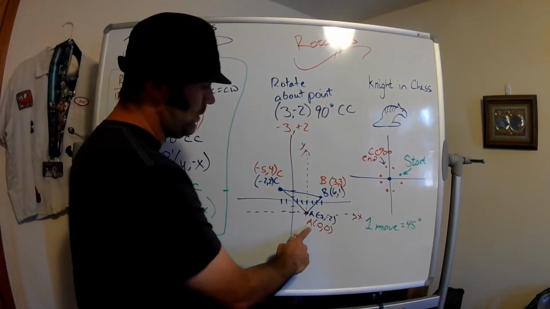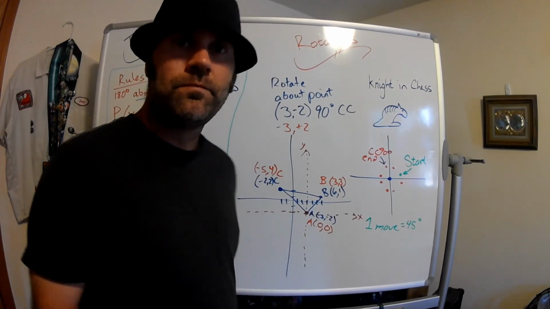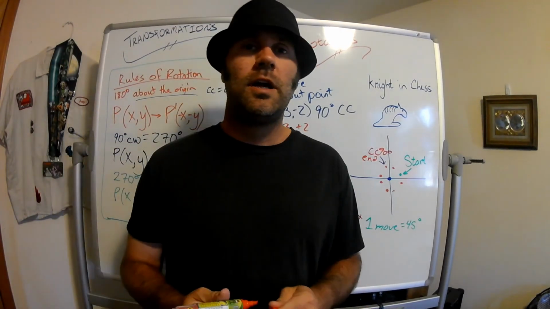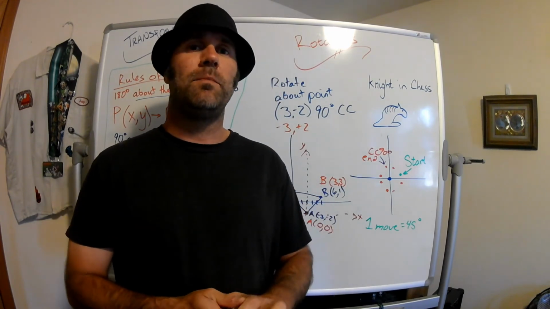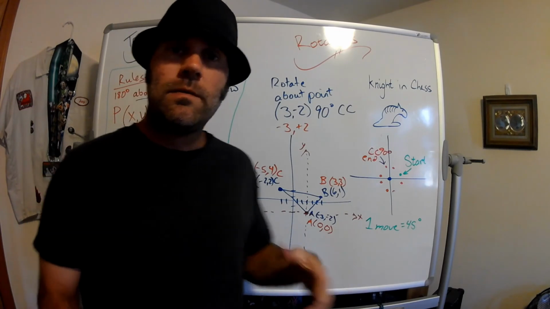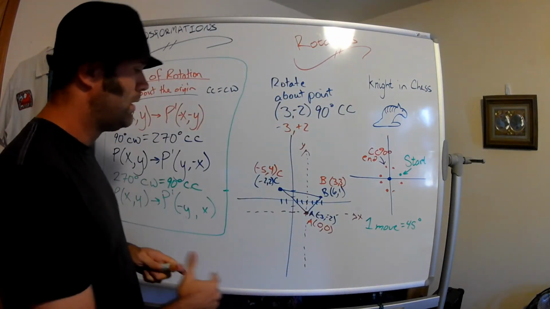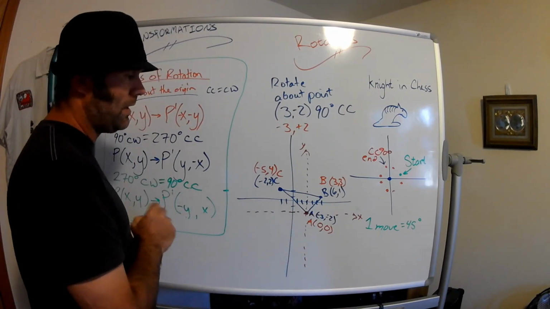So starting with a, (0, 0) becomes (-0, 0). A doesn't change. And that's always true. If you're rotating about a point and you're on that point, you move 0 units. So A stays where it's at.